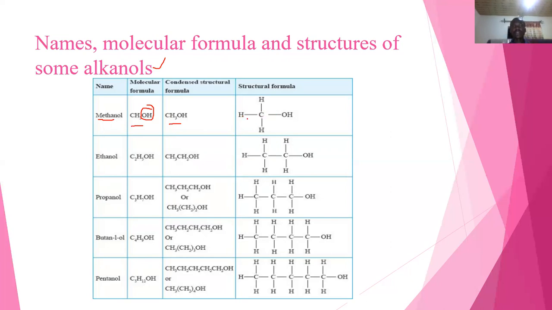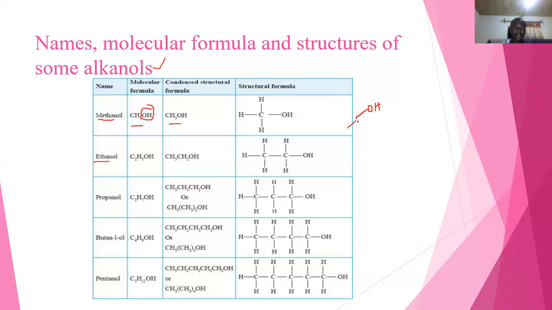If you count, this is 1, 2, 3, 4. The skeleton will also look like this one: one carbon atom, so we have carbon there, then hydrogen, hydrogen, hydrogen.